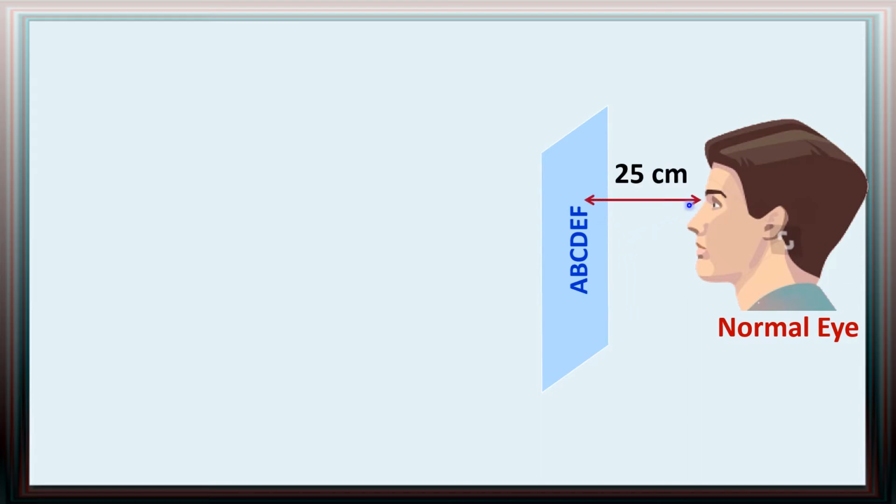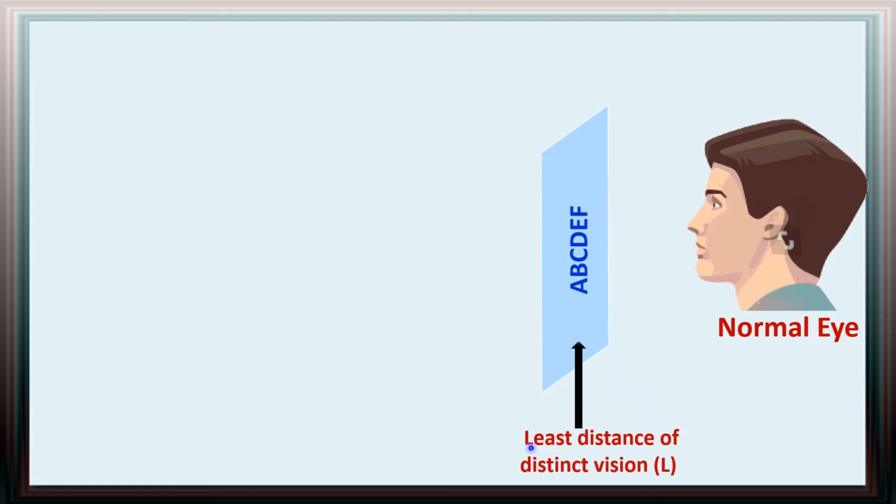The near point is located at 25 centimeters distance from his eyes. So the least distance of distinct vision and the near point are both at the same location. Okay, so he is able to see things from 25 centimeters to infinity. So in his case the near point is located at 25 centimeters and the far point is located almost at infinity in case of a normal eye.